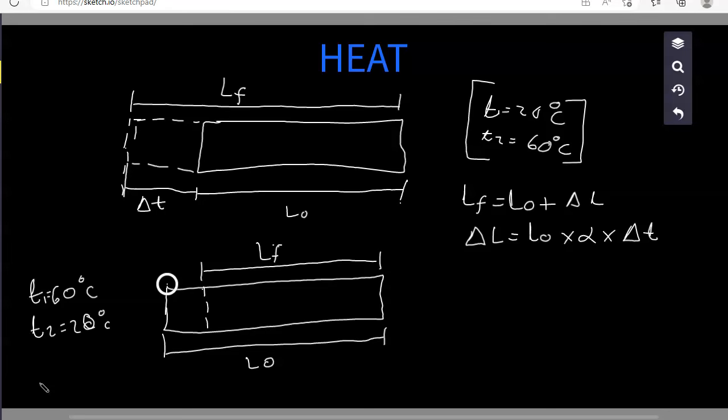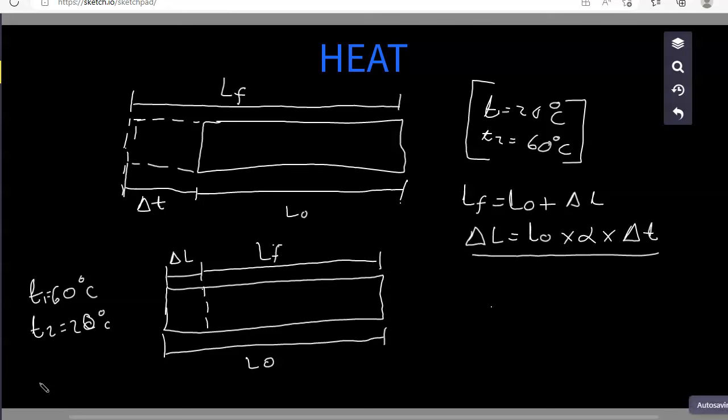Remember, the material was initially this size, and as the temperature decreases, it will shrink from this point back to this point. That is why our final length is from this point to this point, meaning this is our change in length. To calculate the change in length, we use the same formula.